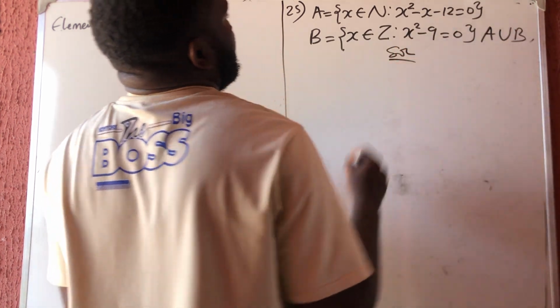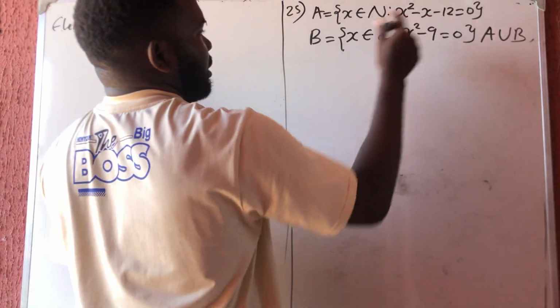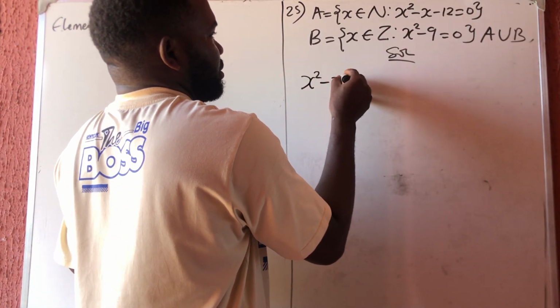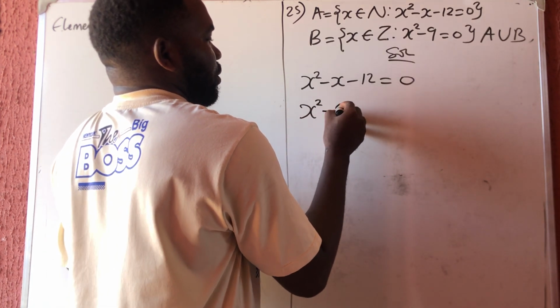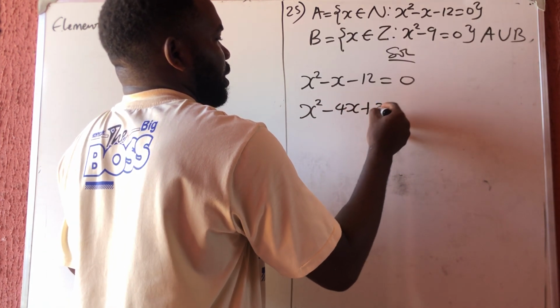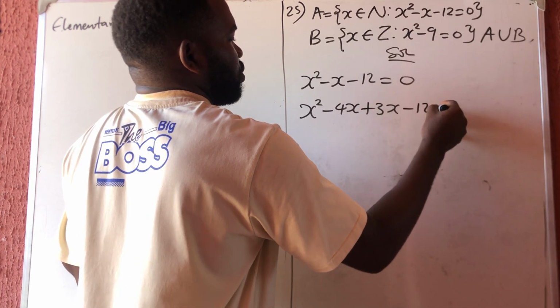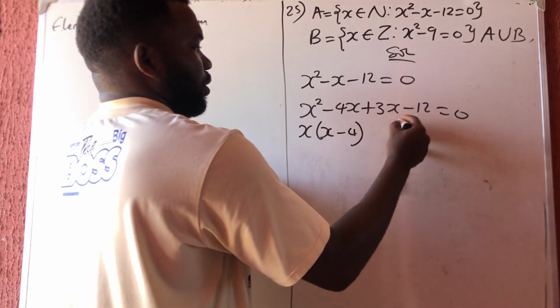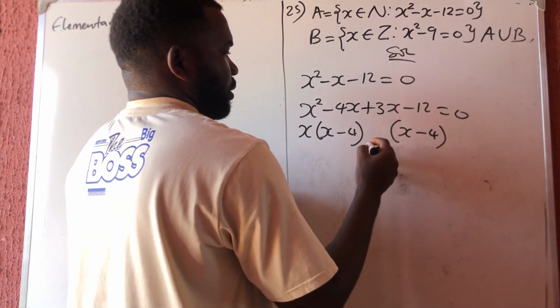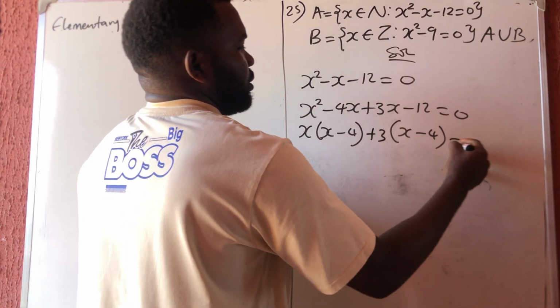Okay, solution. The first thing to do is to solve this. If I solve x squared minus x minus 12 is equal to 0, I'll be having x squared minus 4x plus 3x minus 12 is equal to 0. So x into x minus 4, then I have plus 3 into x minus 4 is equal to 0.